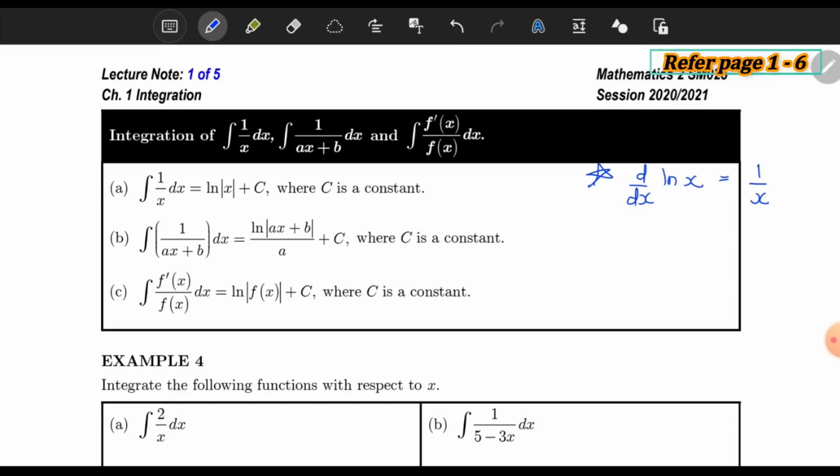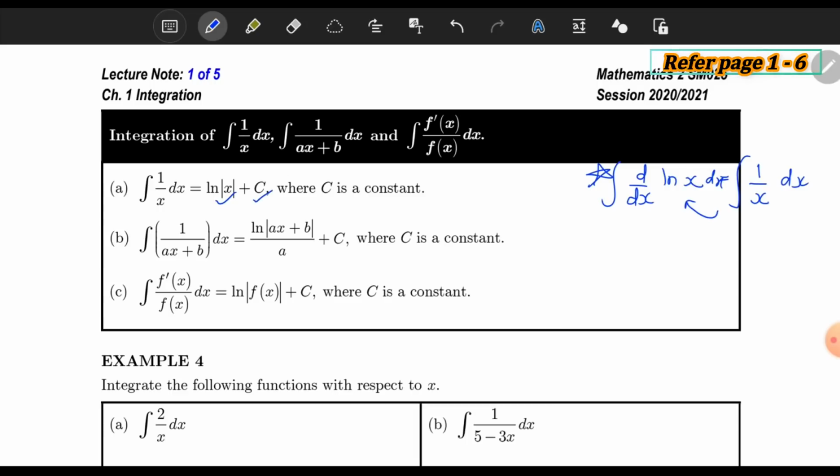And we know that integration is antiderivative. So if we integrate 1 over x dx, the answer will be ln x, the original function. Okay, so integrate 1 over x, the answer is ln x plus c.